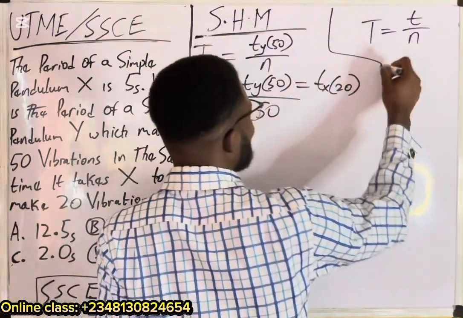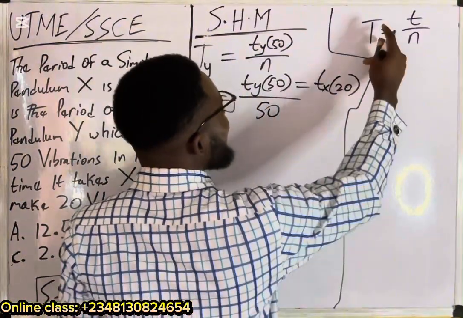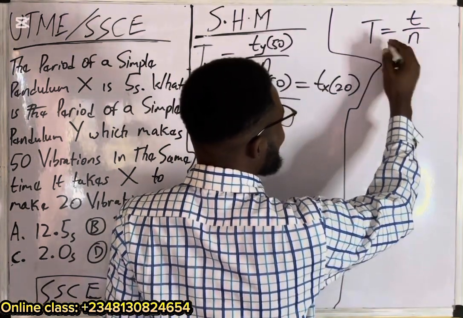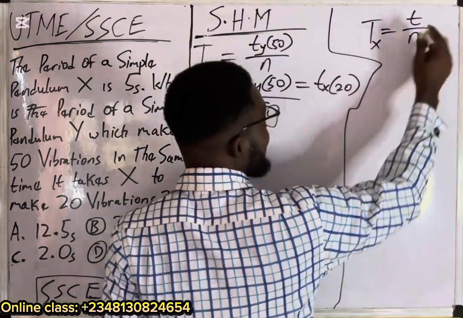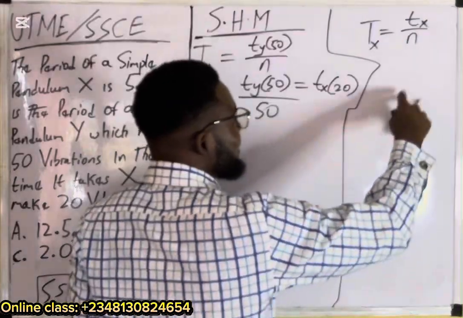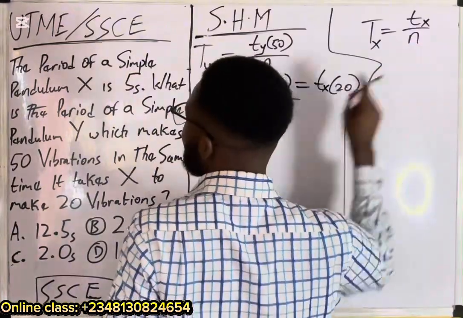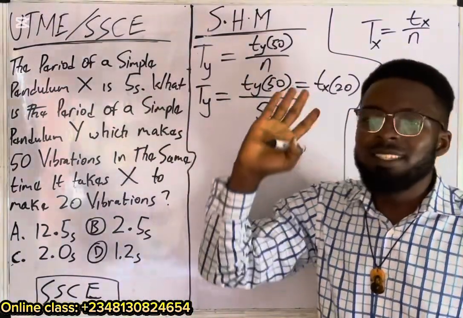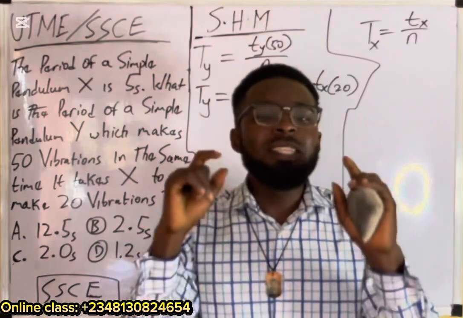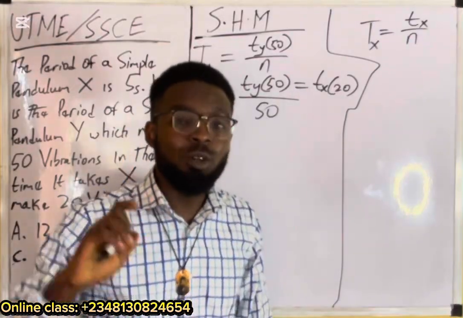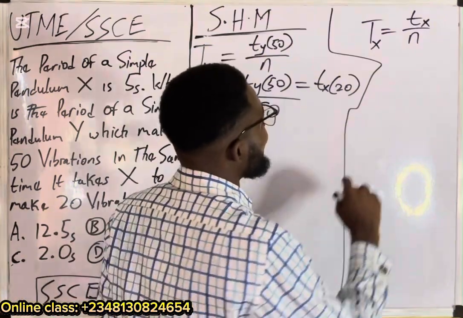So let's go. Now, what is period? Period is time taken over number of oscillations. So let us say the period of X is equal to time of X over number of oscillations. We're told in the question that the period of a simple pendulum X is 5 seconds. That means the period for X to make one complete oscillation is 5 seconds.